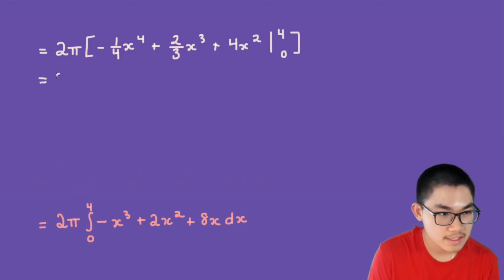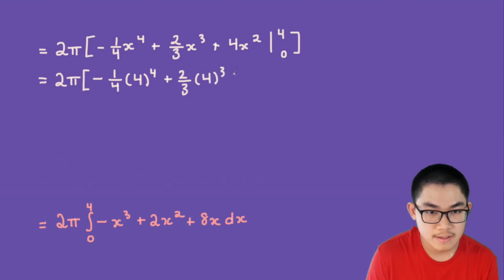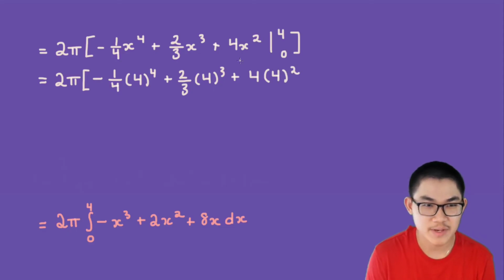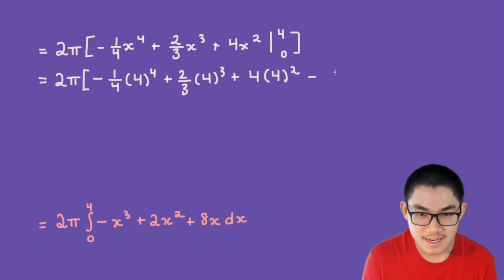So we're going to get 2 times pi times negative 1 over 4 times 4 to the power of 4 plus 2 over 3 times 4 to the power of 3 plus 4 times 4 to the power of 2. And if you substitute a 0 in, it's just going to be 0 at the end of the day. So this is just going to be minus 0. And we can close the bracket right there.